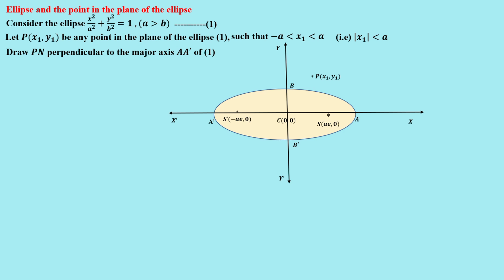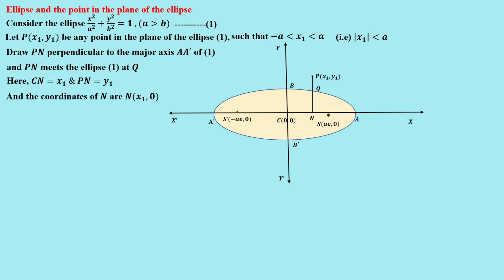So draw PN perpendicular to the major axis A'A, and PN meets the ellipse 1 at Q. Now CN is the x distance of P, that is x1, and PN is the y distance of P, that is y1. The coordinates of N: this is on the x-axis, so the x distance is x1 and there is no y distance, so N is (x1, 0).